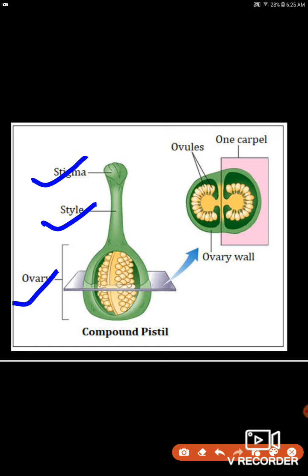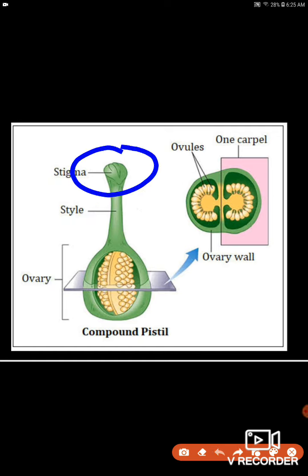What is stigma? The terminal part. Here you can see the uppermost terminal part of the carpel, which may be a knob-like structure or sometimes a flattened structure. They may be very sticky or they can be feathery.